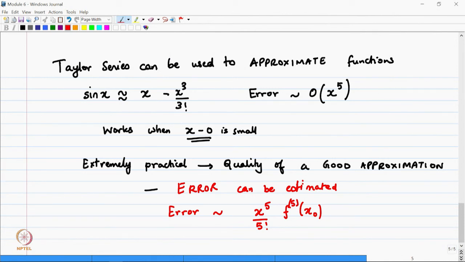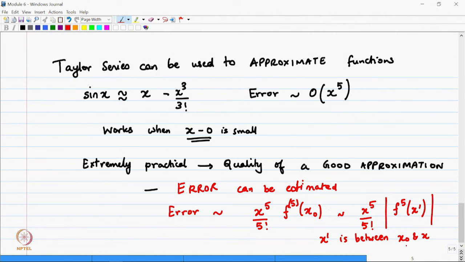So, what you typically say is that the error when you make this approximation goes as x raised to 5 divided by 5 factorial times the fifth derivative evaluated at some point x prime, in absolute value, where x prime is between x 0 and x, and x 0 is 0.